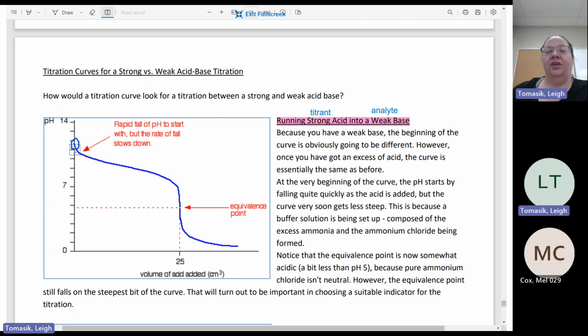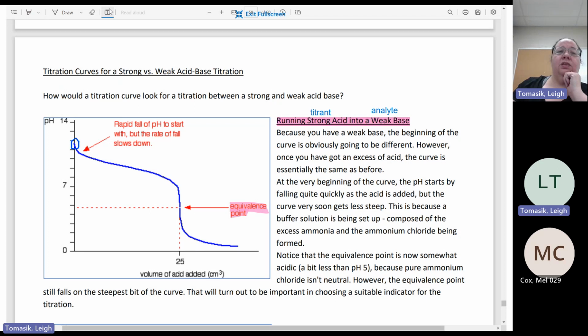Okay, then sort of everything will happen the same. So the pH will fall pretty steadily until it gets to around the equivalence point. At the equivalence point, there will be a very quick change in pH. And you can see the equivalence point if you have a weak base is acidic.